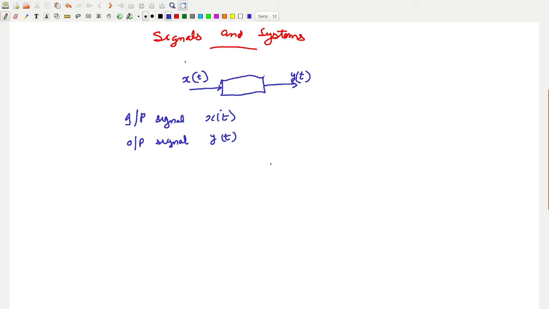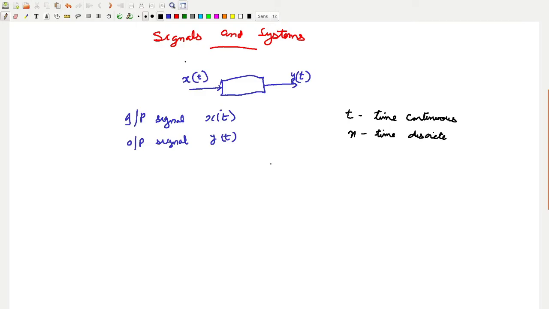Another thing that you should keep in mind is that t denotes time, and that too the continuous time. If we are using n, that is also time, but it is the discrete time.